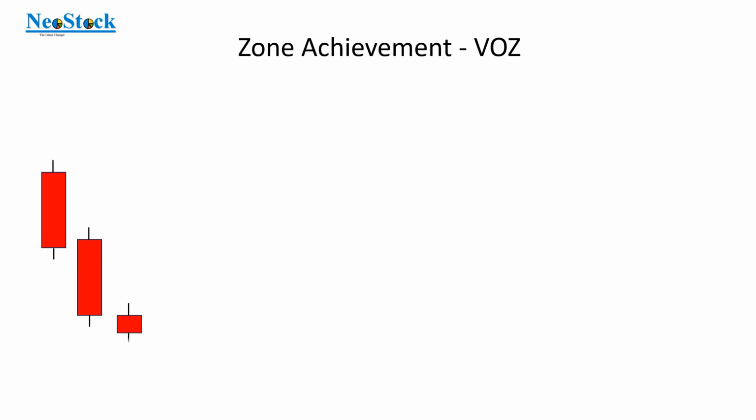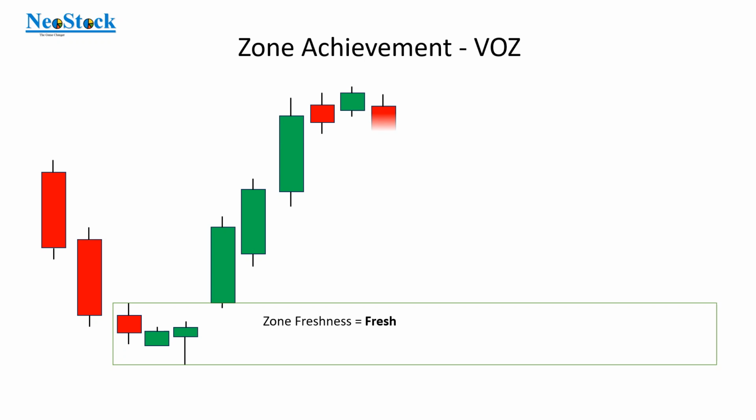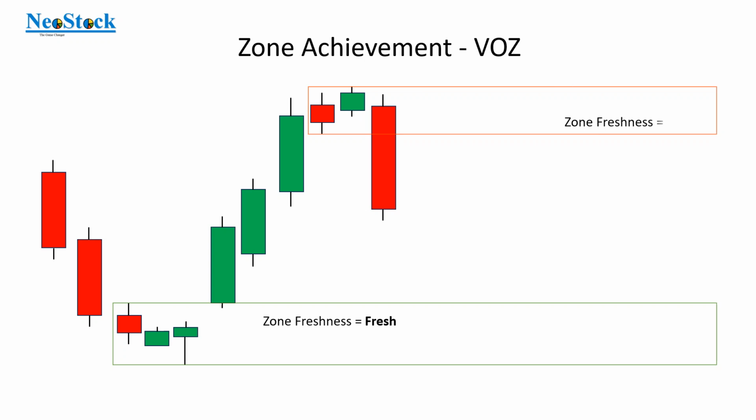So in this example, a new demand zone is created. Now it gets the zone freshness as fresh. Now a new supply zone is created. The supply zone also gets the zone freshness as fresh.